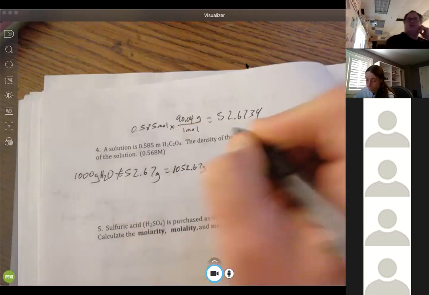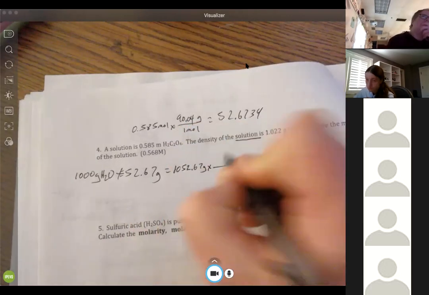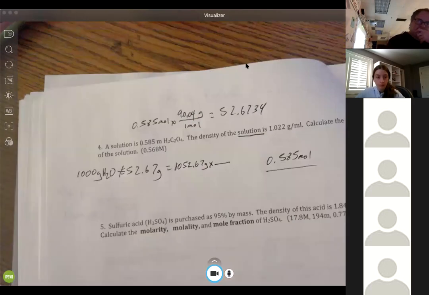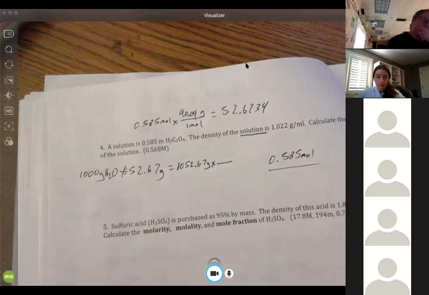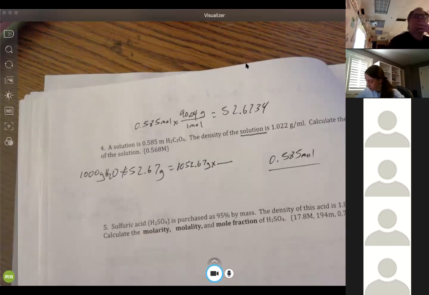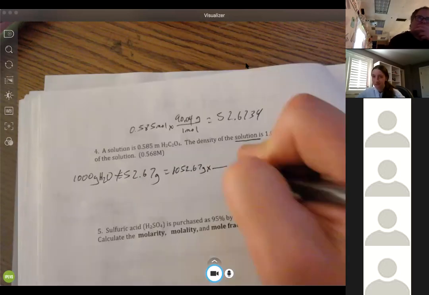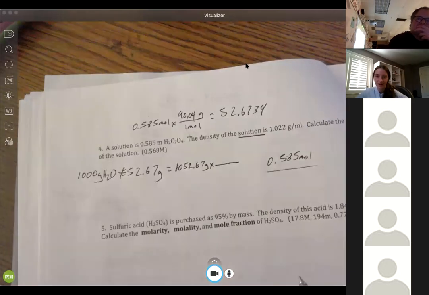So now what can I do with that density, Emma? What has grams? Grams, good.